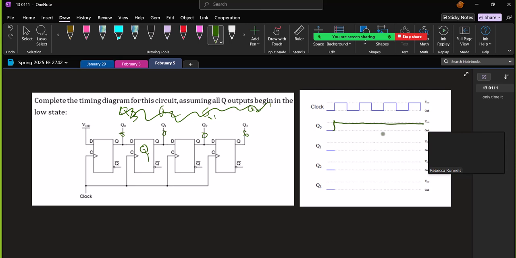When we get to that first positive clock edge, the first flip-flop is busy changing. It's going to become 1, but its output before was 0. So we've got a 0 sitting here at flip-flop Q1. What's its output going to be? It's still going to be 0. So it'll be 0 at least to the next clock edge. What about Q2 and Q3?